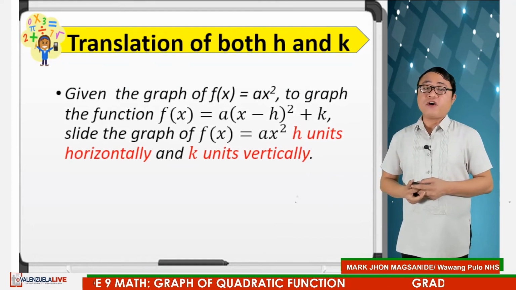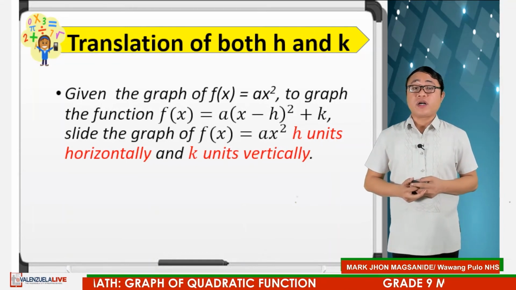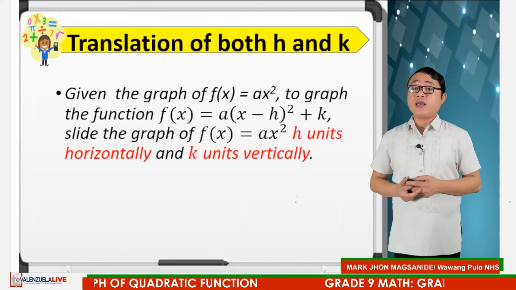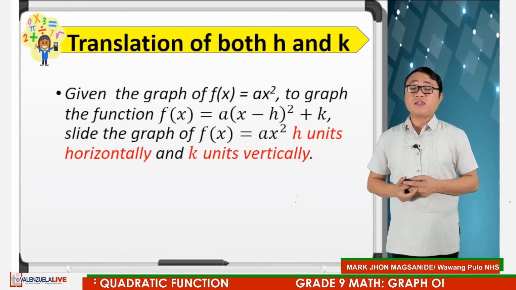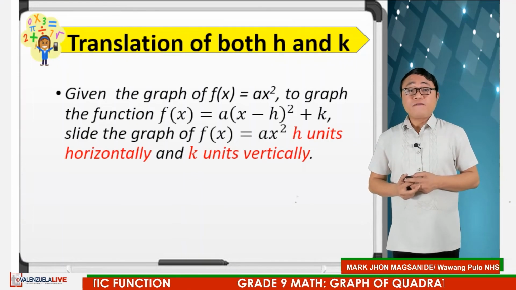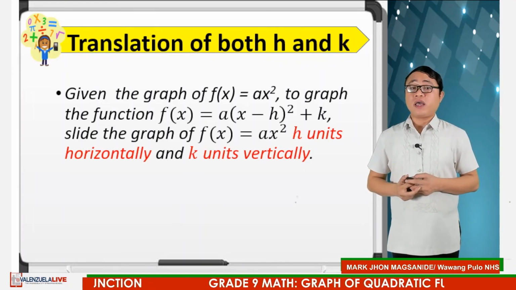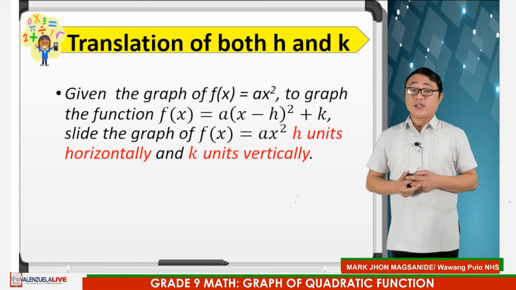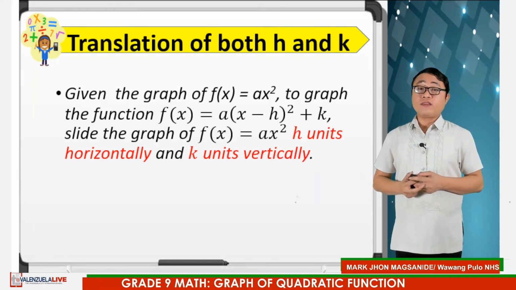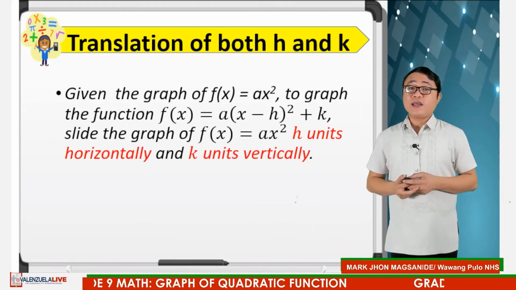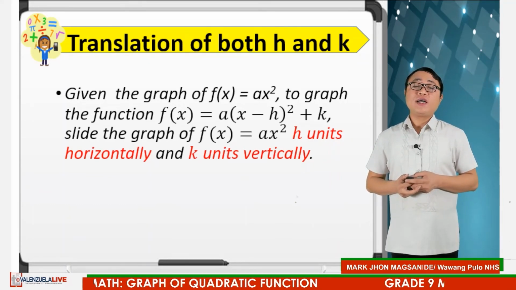Given the graph of f(x) equals ax squared, to graph the function f(x) equals a times (x - h) squared plus k, slide the graph of f(x) equals ax squared h units horizontally, whether right or left, and k units vertically, whether upward or downward.